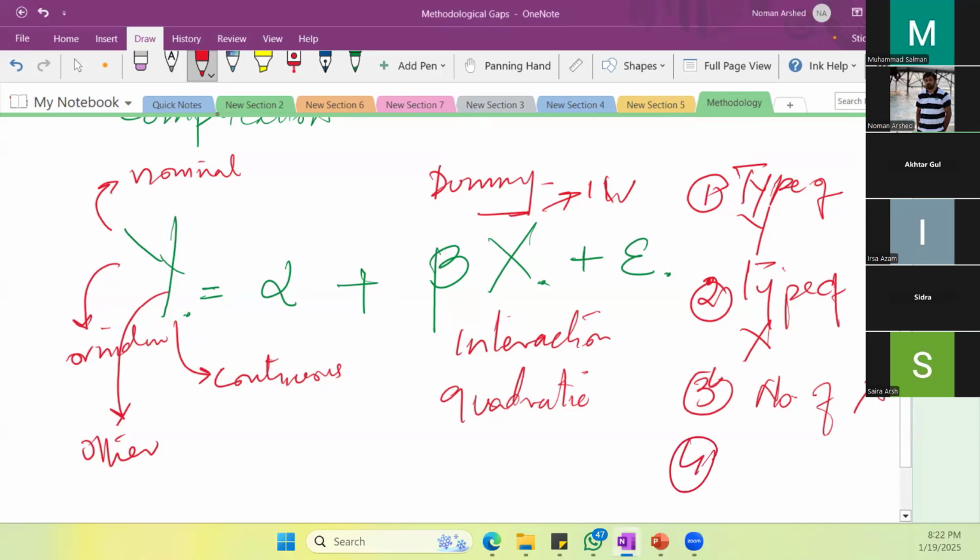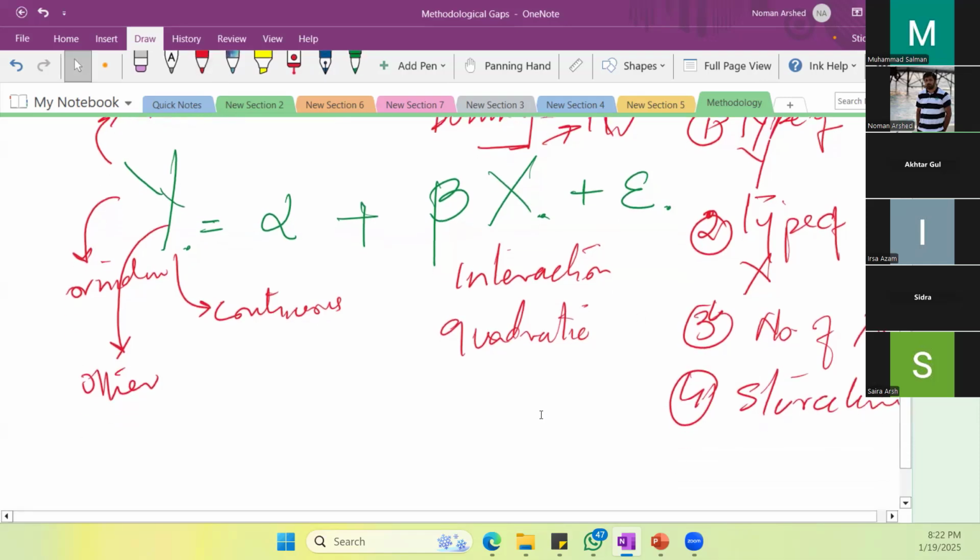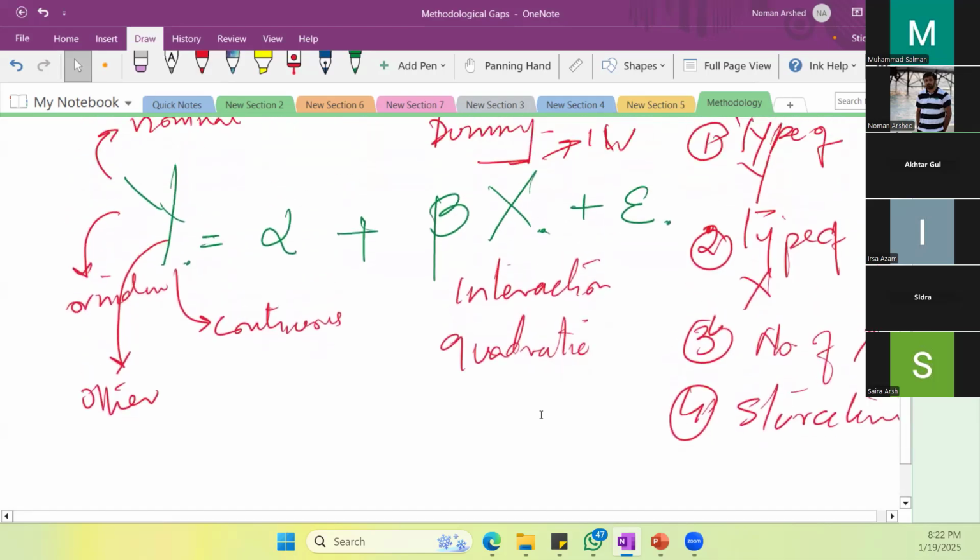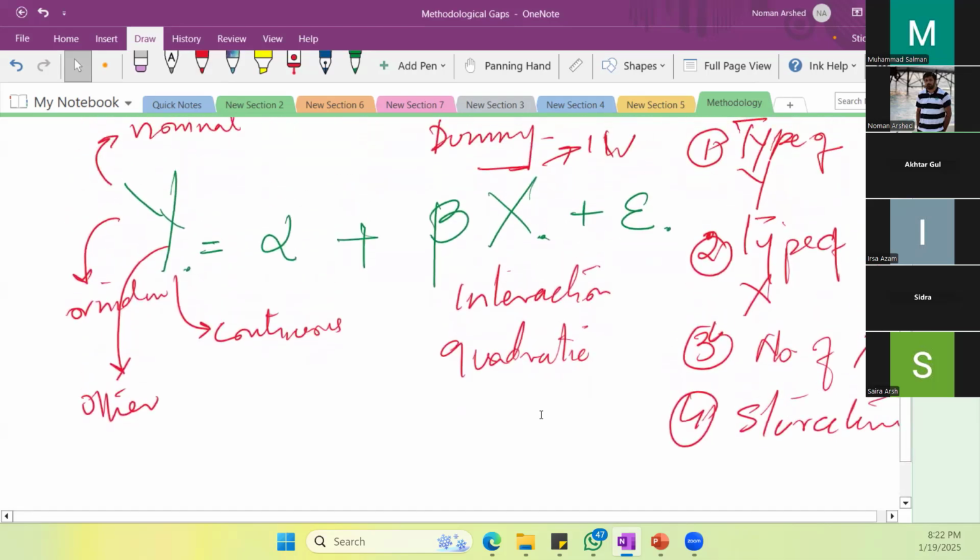So fourth is structure. That can be a time series or cross section or a panel data. That's also an input that I need to know before running a regression. And the fifth one is method.